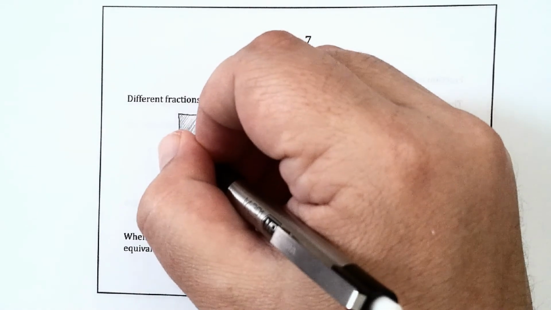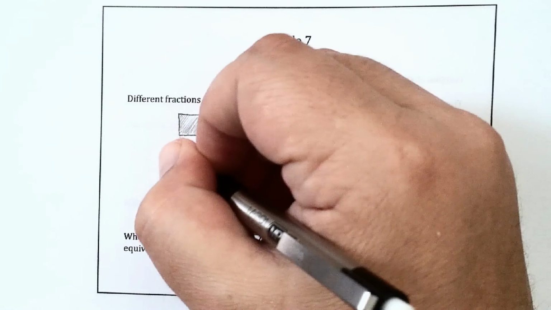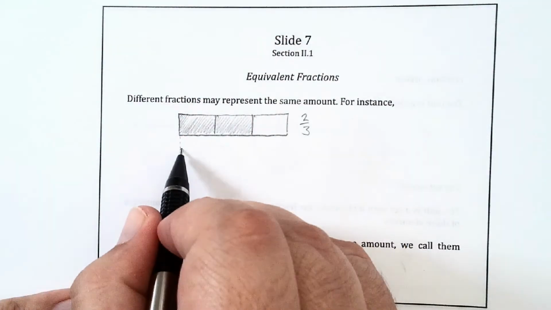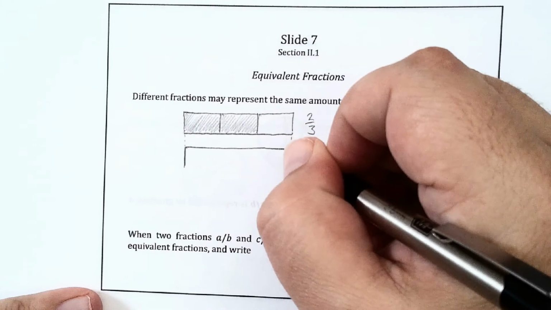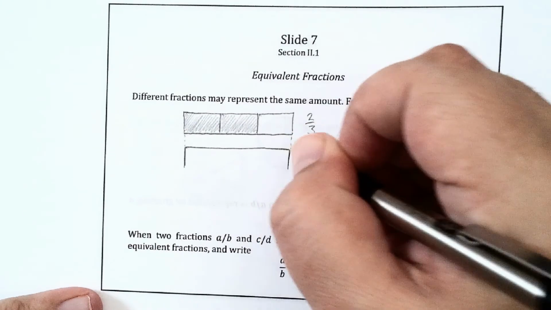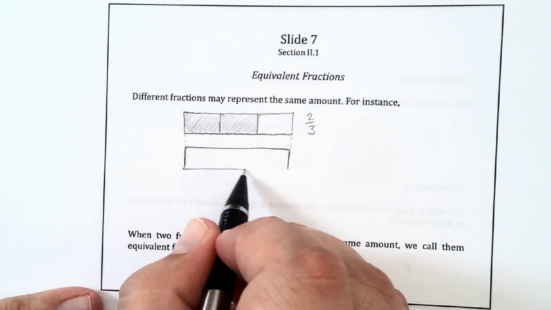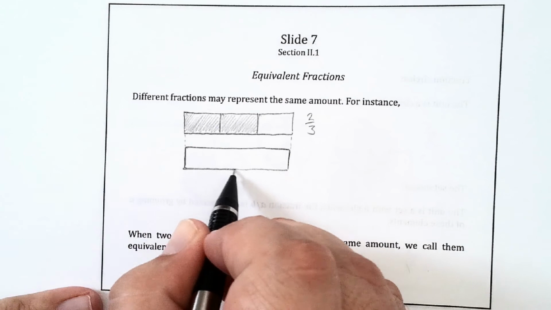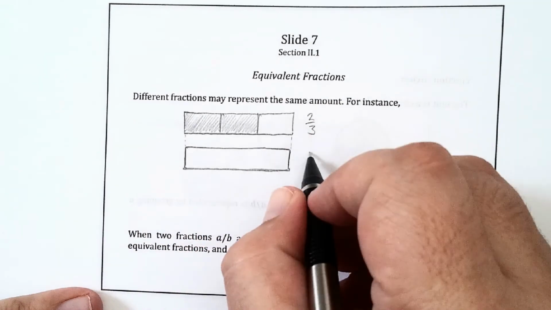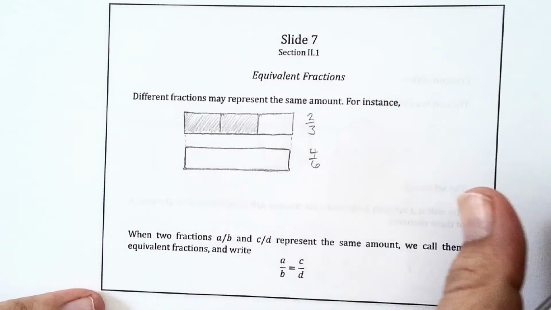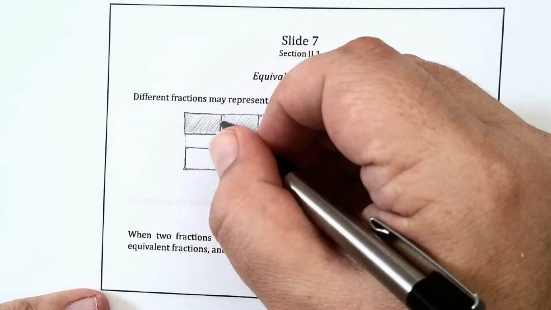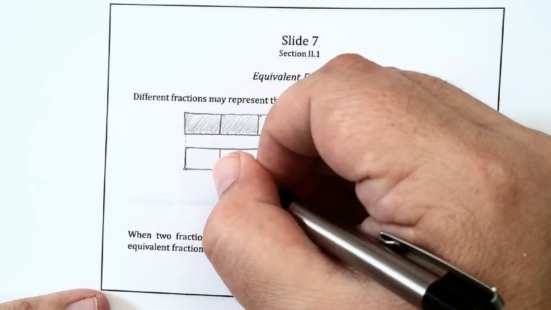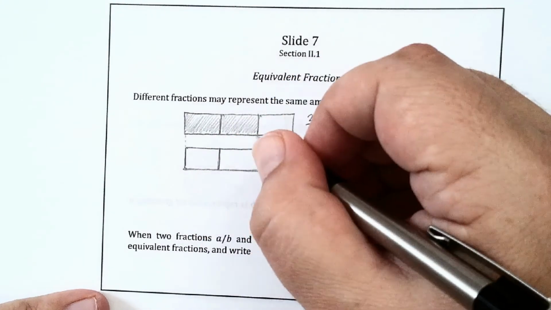Okay, but now side by side with that, let's use the same fraction strip, the same rectangle. And let's illustrate 4/6 instead. Now I need to divide this into 6 equal parts, and one way to do that would be to divide it into 3 equal parts like we just did.